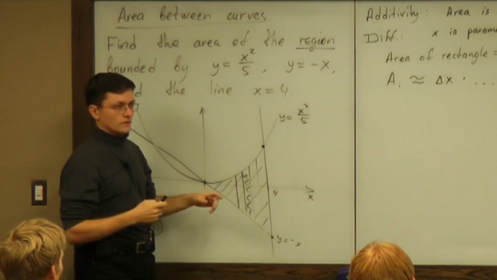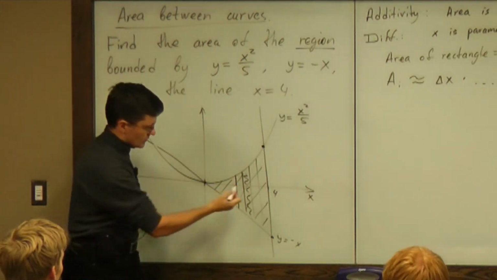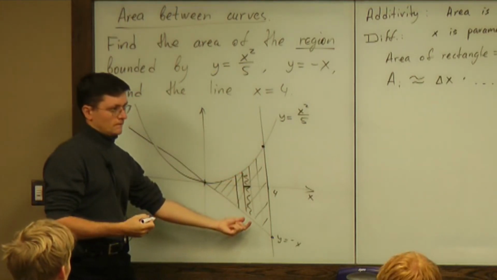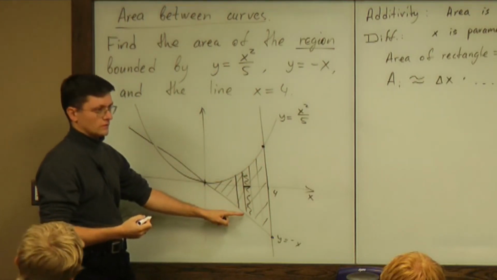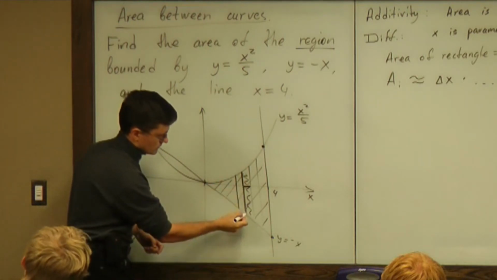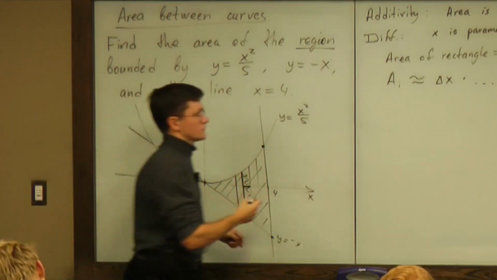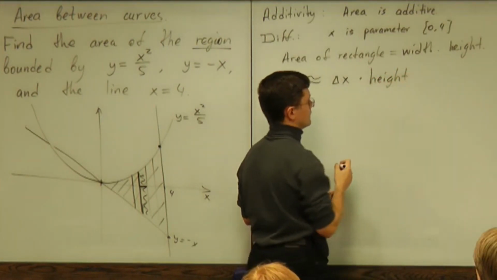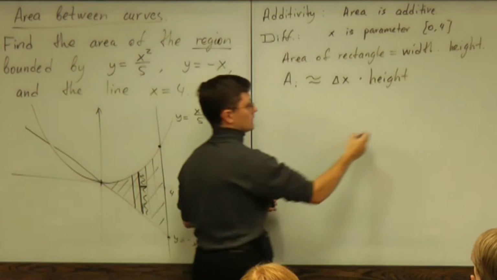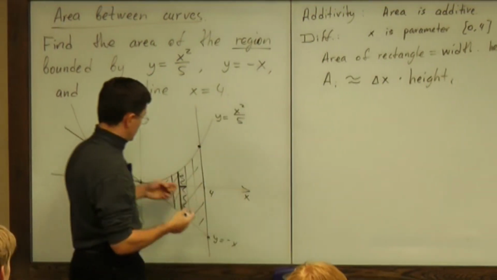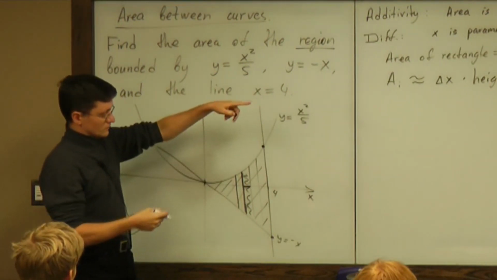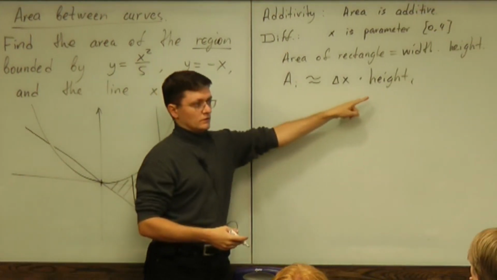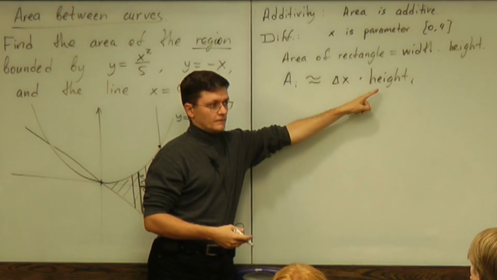Geometrically delta x is going to be the width of the shape, and then the height of the shape will be something independent of delta x, and the shape will be approximately a rectangle with that width and that height.